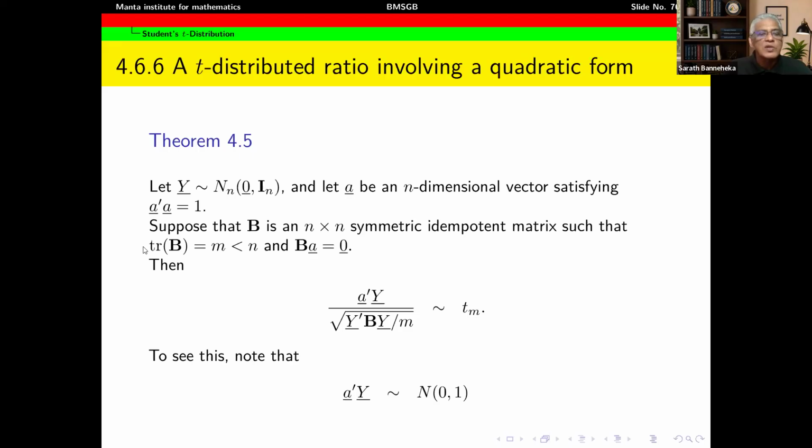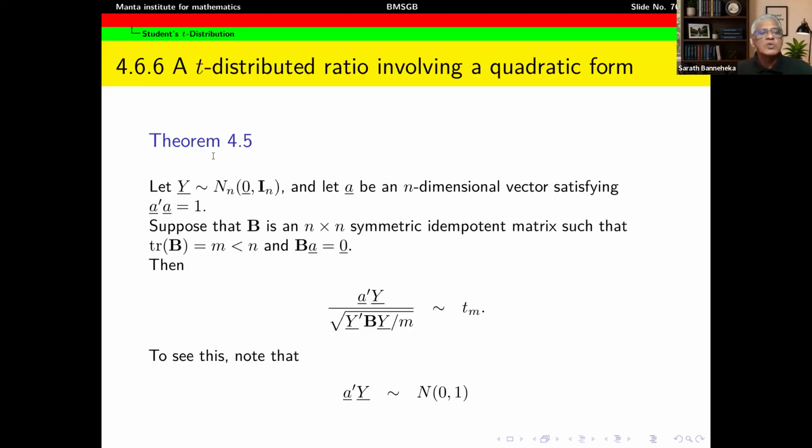This m is actually the trace of B. Now let us look a little further here. What will be A dash Y? A dash is the A transpose. So A transpose Y will be a linear combination of the individual components of this vector Y, like A1Y1 plus A2Y2 plus A3Y3 and so on.